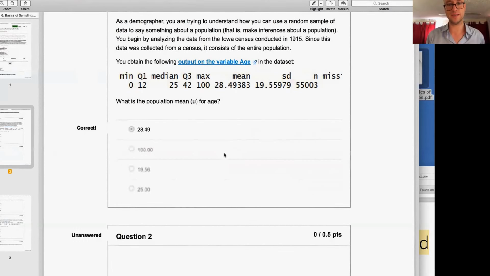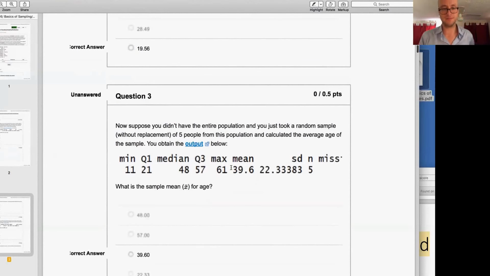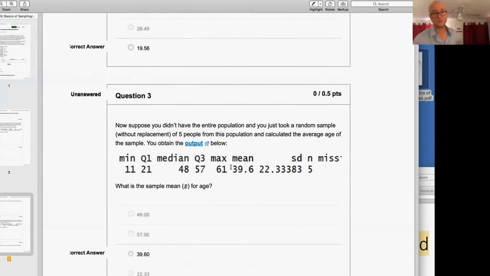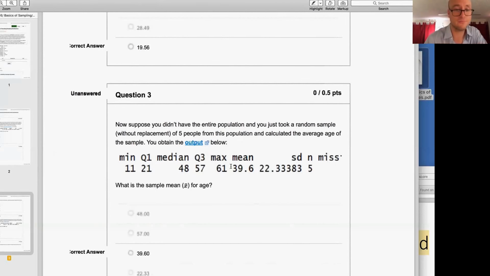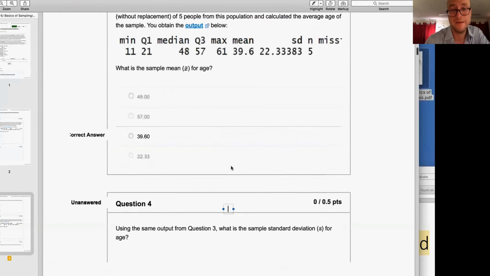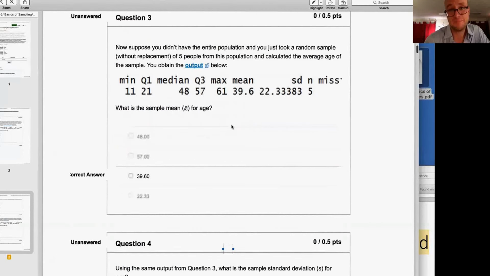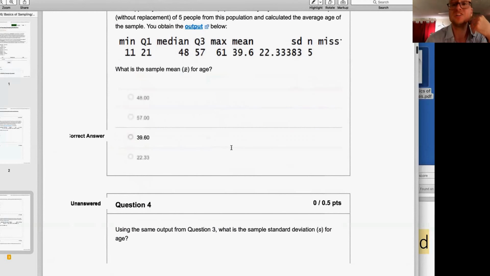Population mean mu is 28.5. The sample mean, when you just randomly sample 5, could be 39.6. Now, as we showed before, you could take another random draw from the sample and find a different mean. The point is, the smaller your sample, the more likely you are to have uncertainty, less precision, less certainty that you're going to be close to the mean.